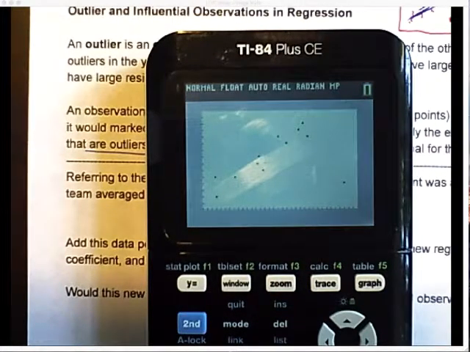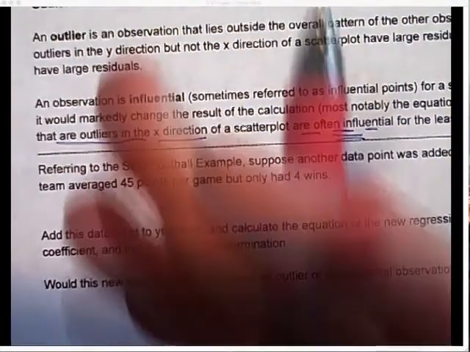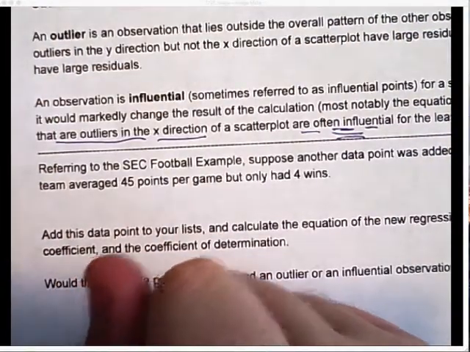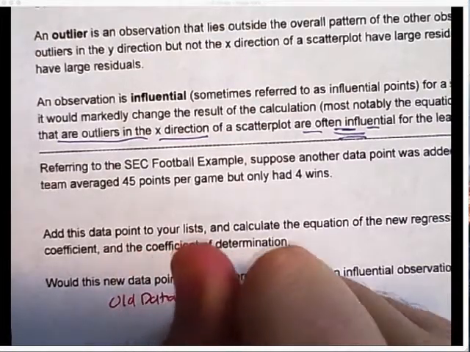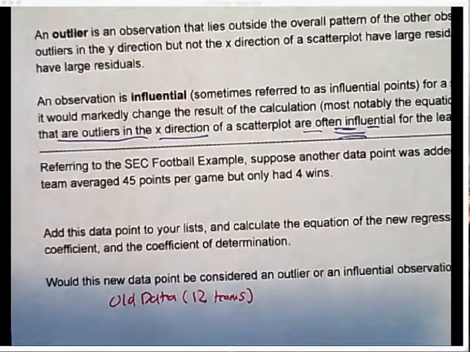Okay, now let's run regression on it. So before I do that, let's go back to the old data and remind ourselves what it was when there were 12 teams.